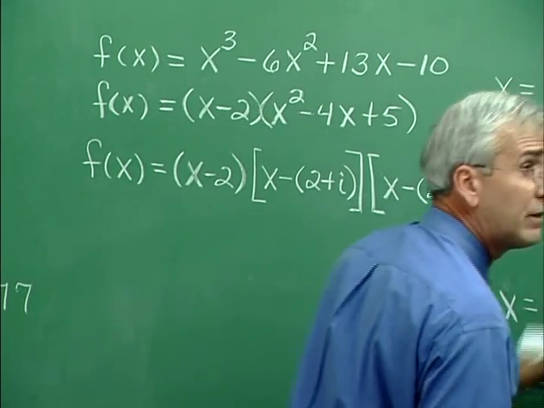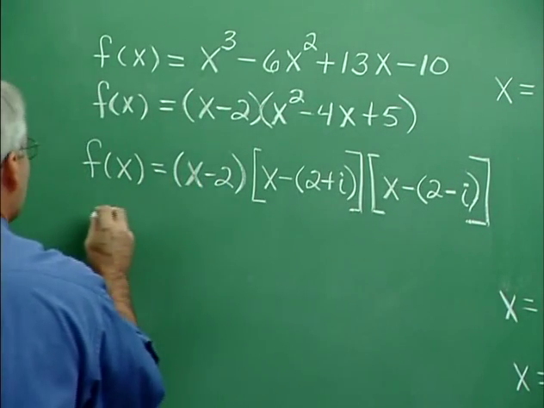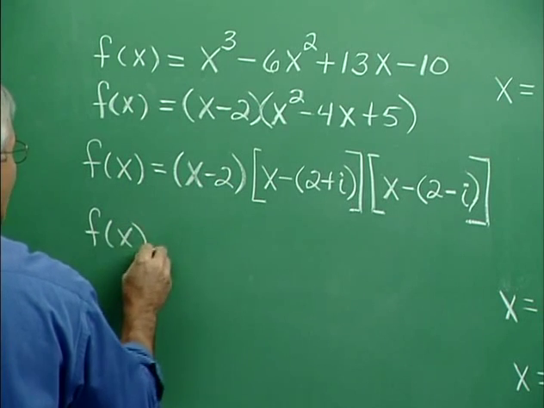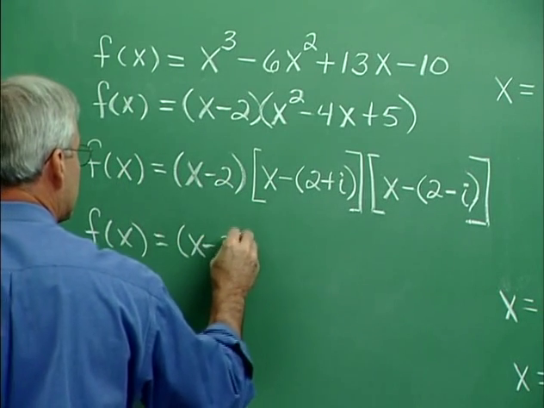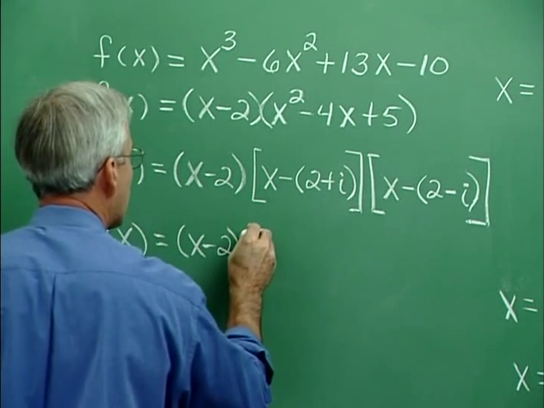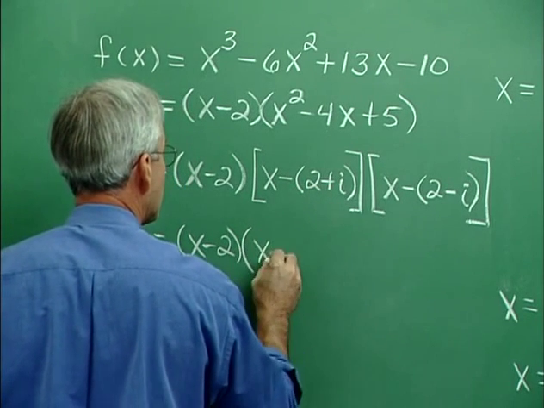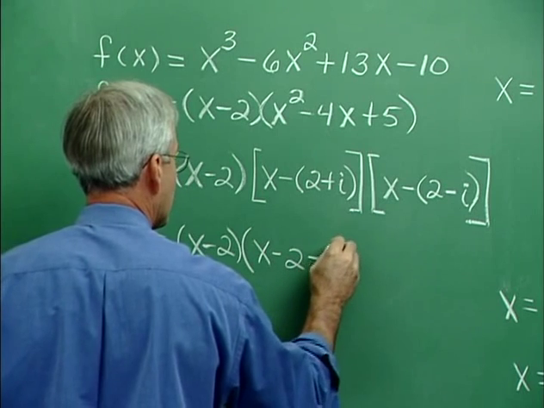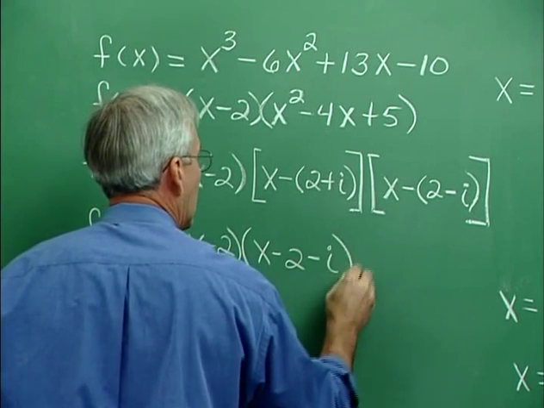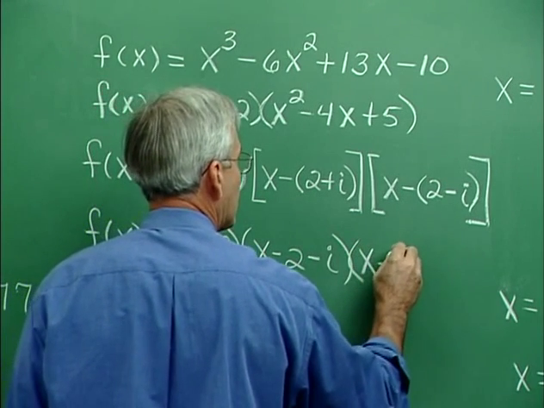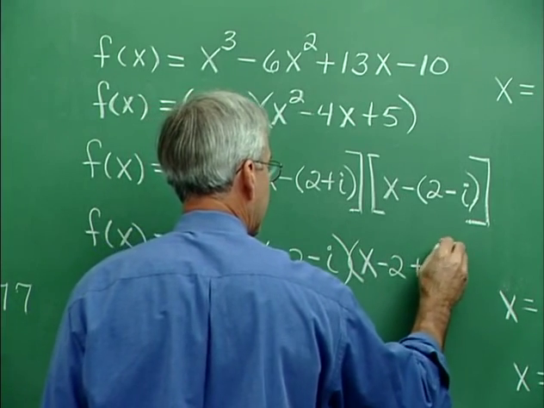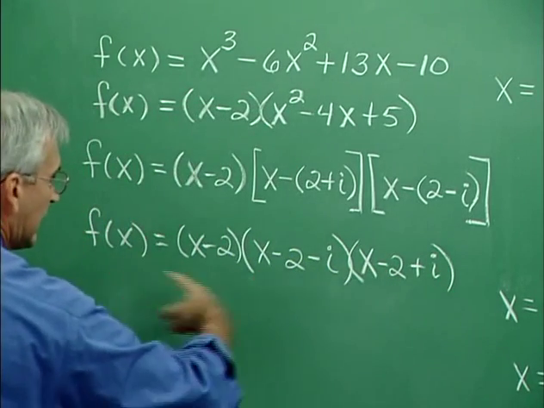And now we just simplify. We just clean up a little bit in those brackets. You see, and we can just drop the parenthesis, change the signs, drop the parenthesis here. So this is x minus 2 minus i. And here is x minus 2 plus i as our 3 linear factors.